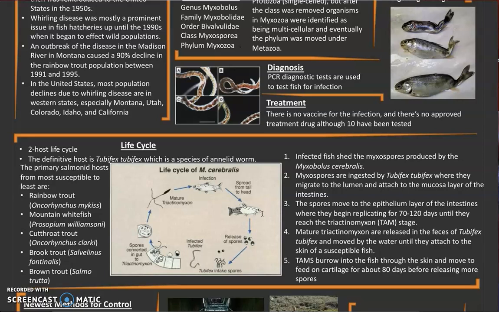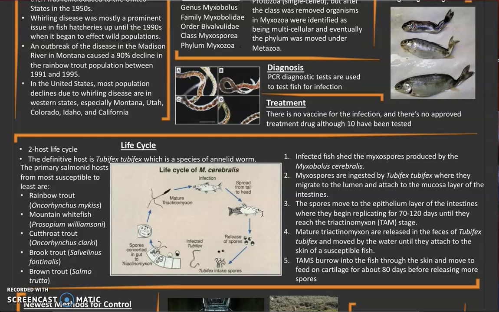So what happens is that infected fish shed the spores that are produced by the Myxobolus cerebralis, and these spores are ingested by the annelid worms, where they replicate for about 70 to 120 days in the intestine of the worm until they reach this TAM stage.